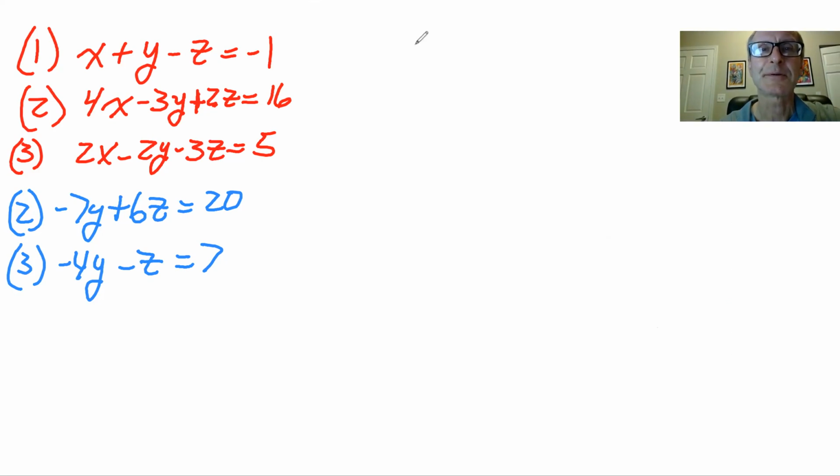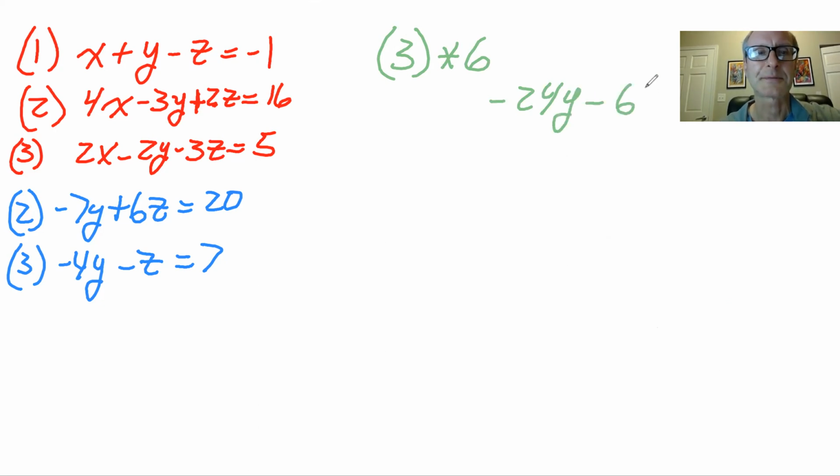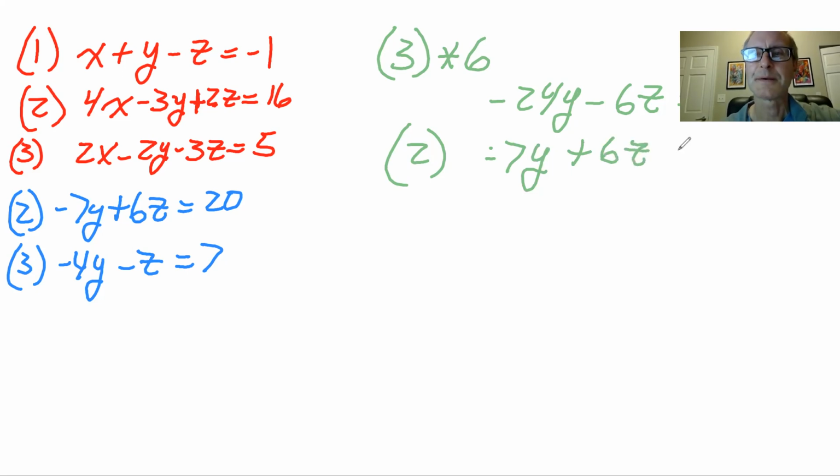So let's do that in green. So you're going to take equation 3 and multiply it by the number 6, and it would be minus 24y minus 6z equals 42. And then you would bring over equation 2. That would be minus 7y plus 6z equals 20.